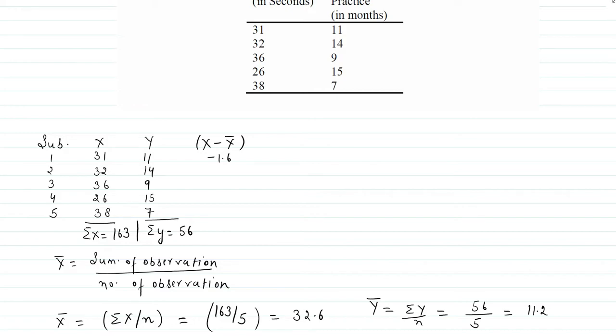Now 32 minus 32.6 is minus 0.6. Next 36 minus 32.6 is 3.4. Next 26 minus 32.6 is minus 6.6. Next 38 minus 32.6 comes out to be 5.4.